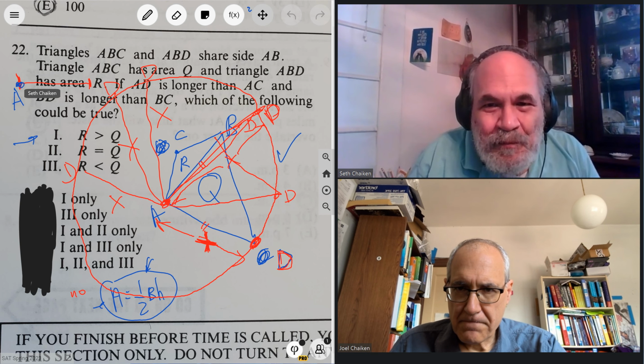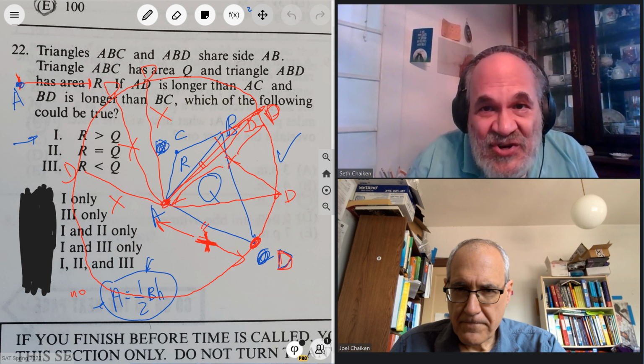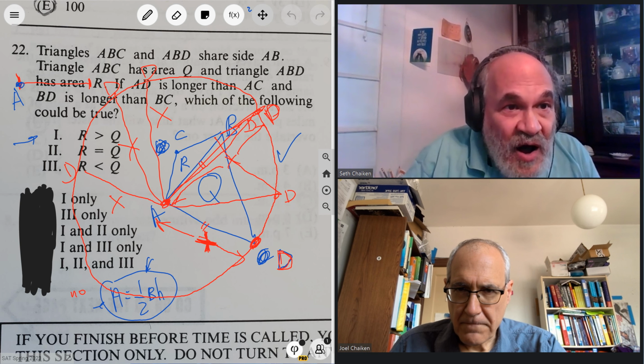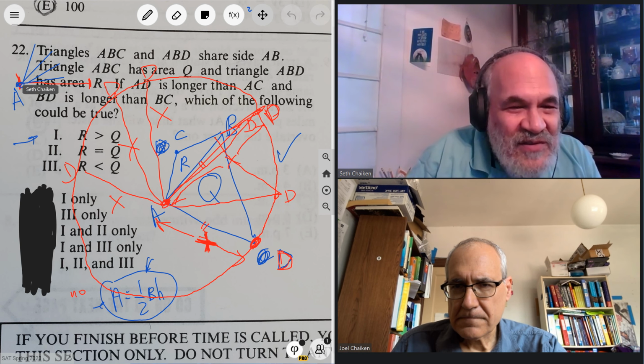And then we have a range of other sides that have the same length, right?